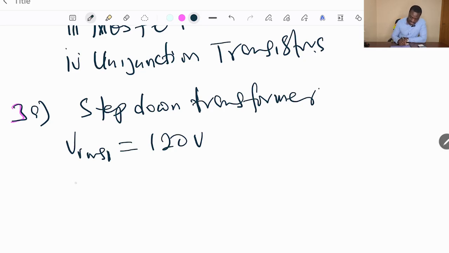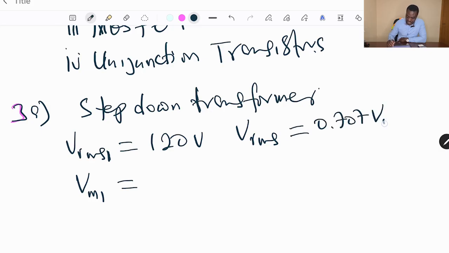So the maximum voltage for V1 is going to be equal to, we know that the root mean square voltage is equal to 0.707 times the maximum voltage. This is for V1, and the maximum voltage for V2 as well. So we make maximum voltage the subject, we get root mean square value over 0.707.